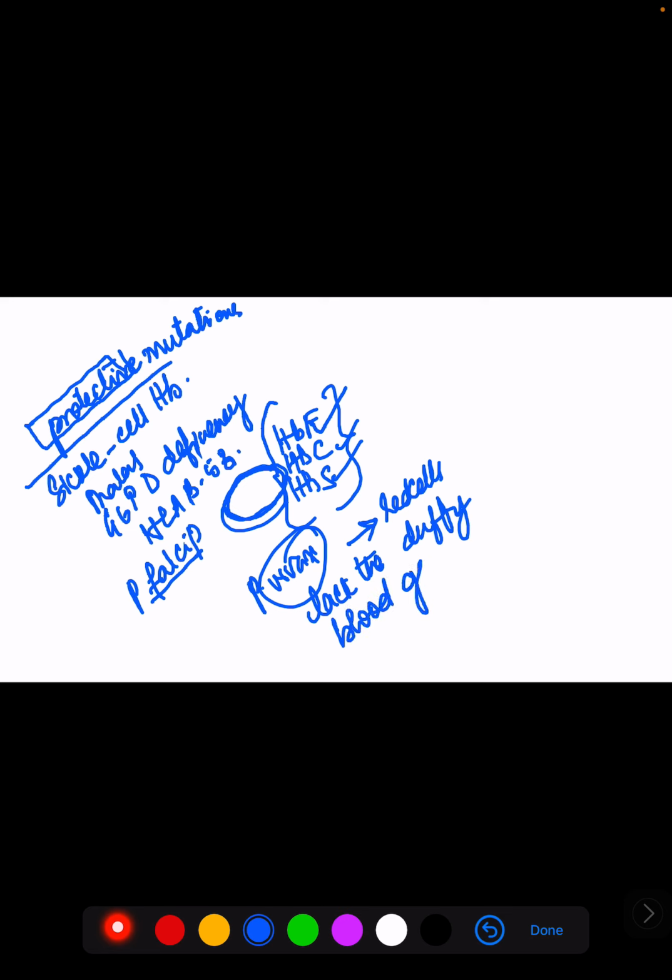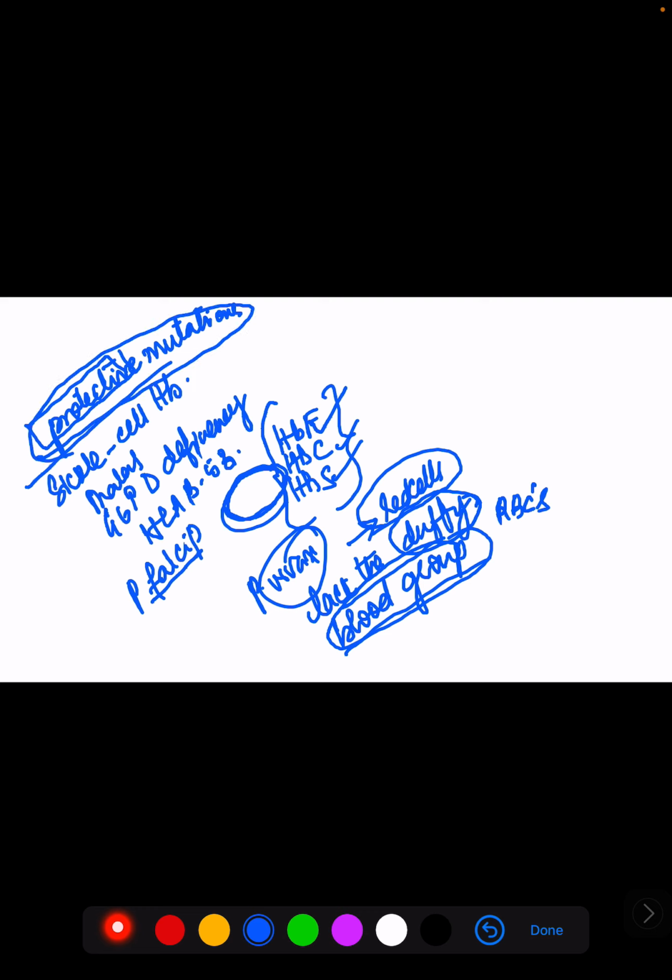If these Duffy antigens are not present on the red blood cells, Plasmodium vivax cannot enter. So patients with this type of hemoglobin or these types of RBCs are protected from Plasmodium falciparum and Plasmodium vivax.